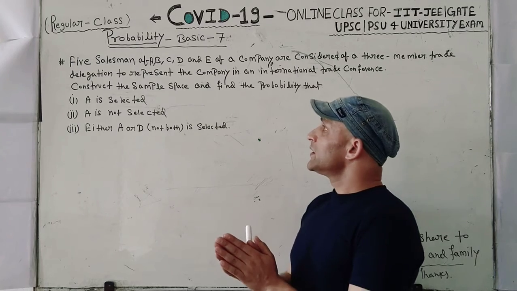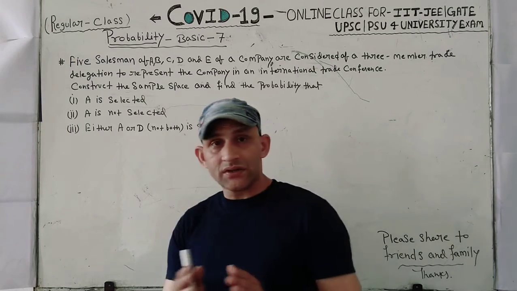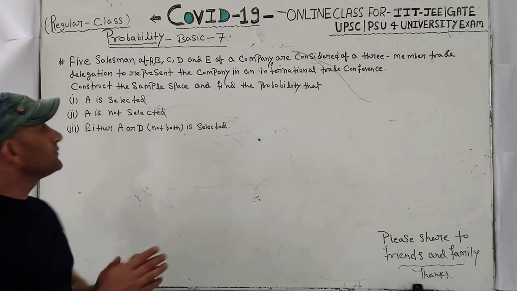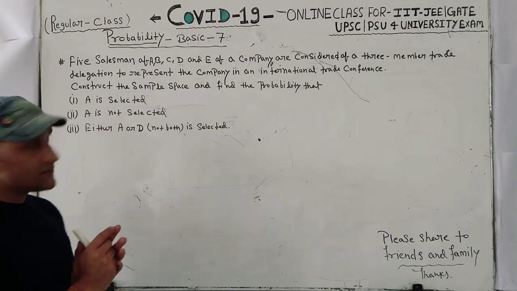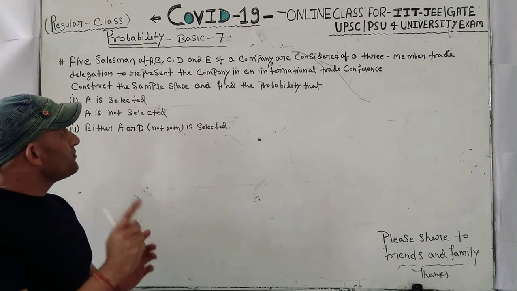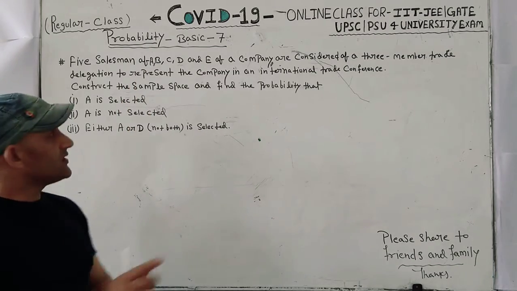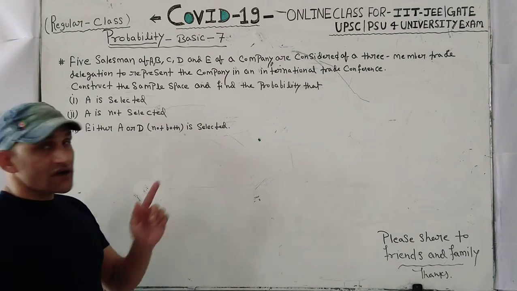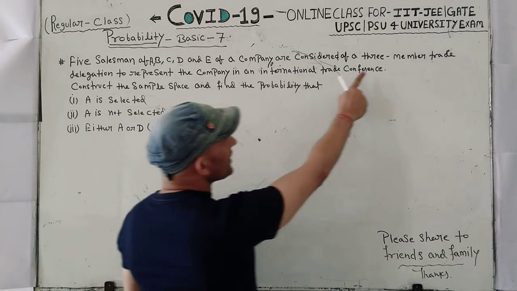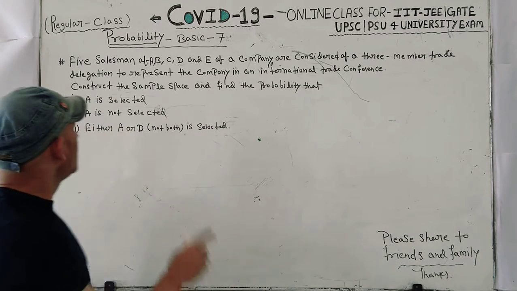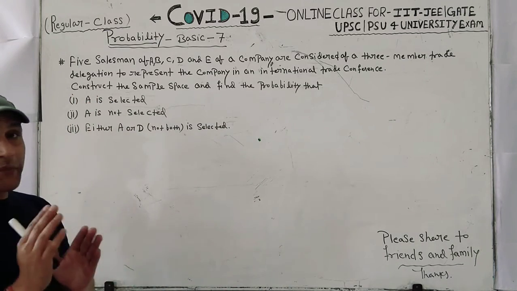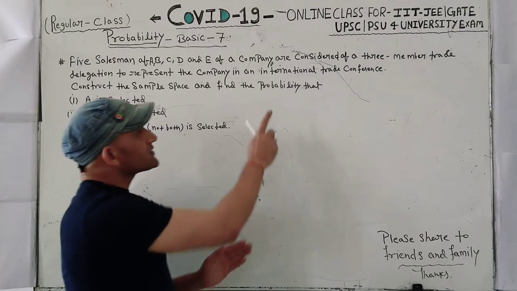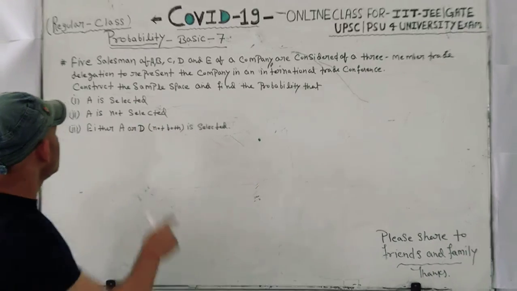In this lecture we will solve one question. There are a total of 5 salesmen, A, B, C, D and E, of a company, and a 3-member trade delegation is to be chosen to represent the company in an international trade conference.